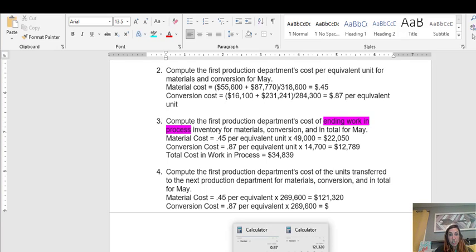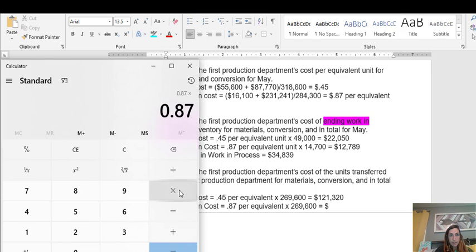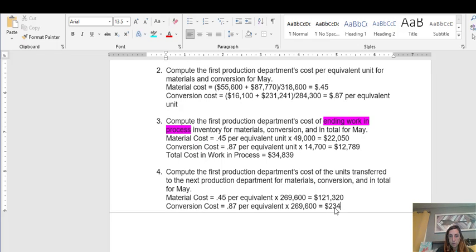And then we can even check ourselves. We can check our work by seeing if all of these costs that we have allocated equal the cost that we started the process with. So 234,552.